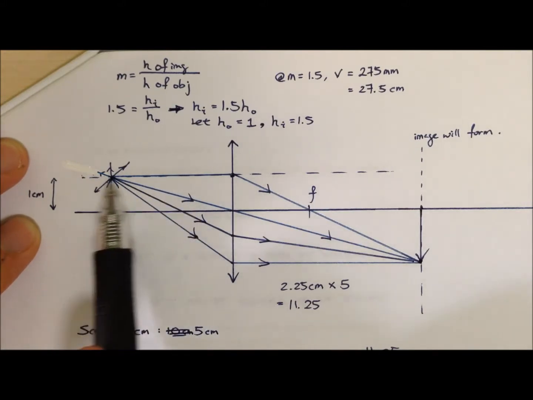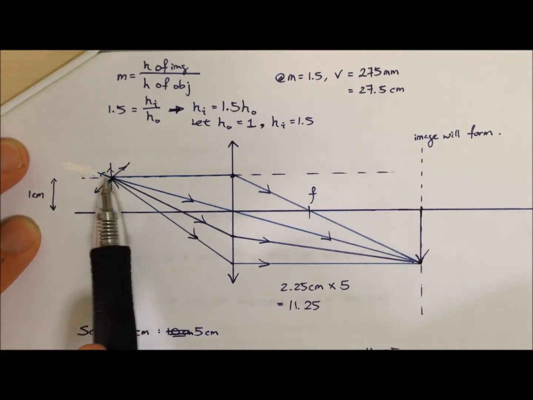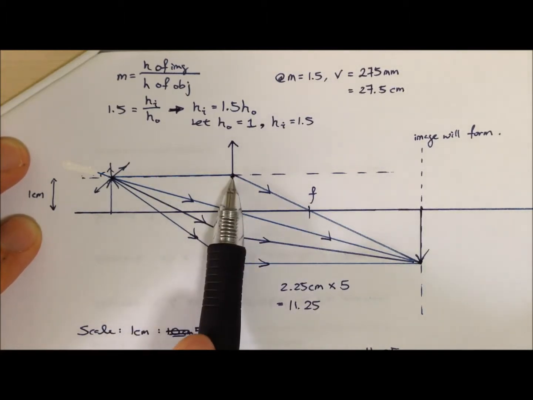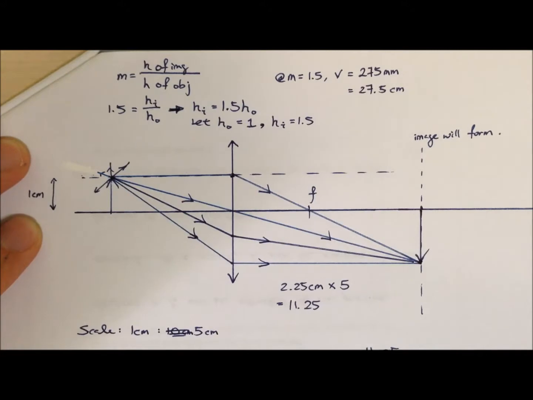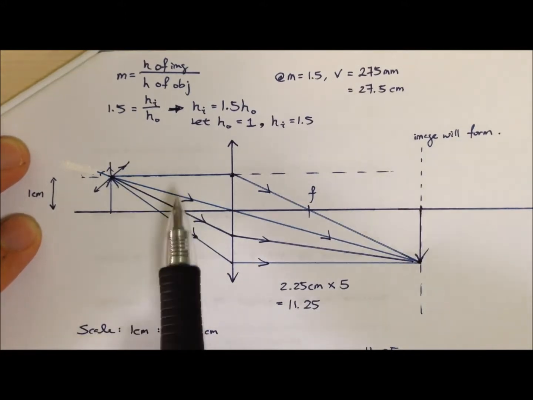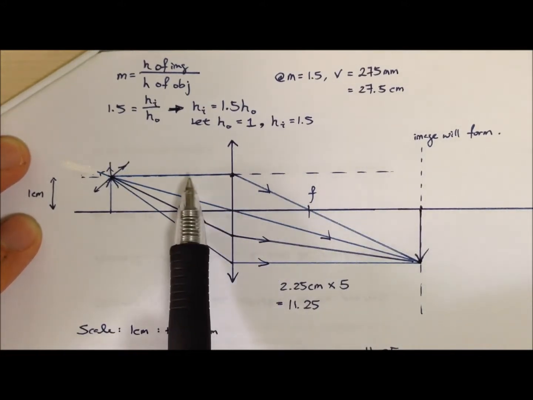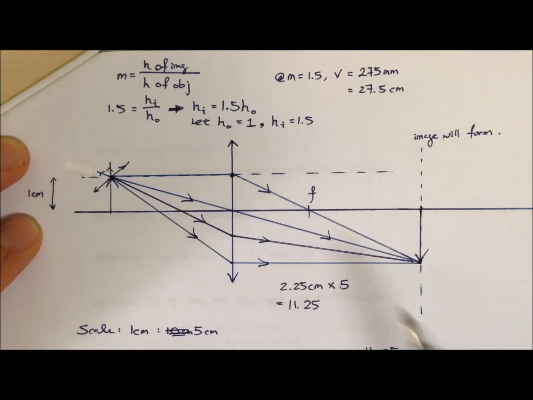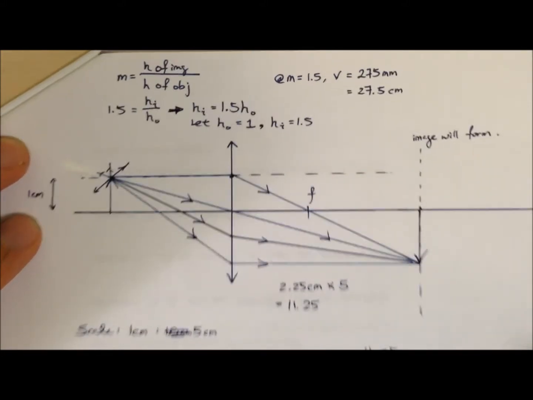Once the object is at 1f from the lens, you will have the image at infinity. And when the object continues to move nearer to the lens, you are below 1f, and below 1f you will get a virtual image formed on the same side of the object. You become like a magnifying glass.